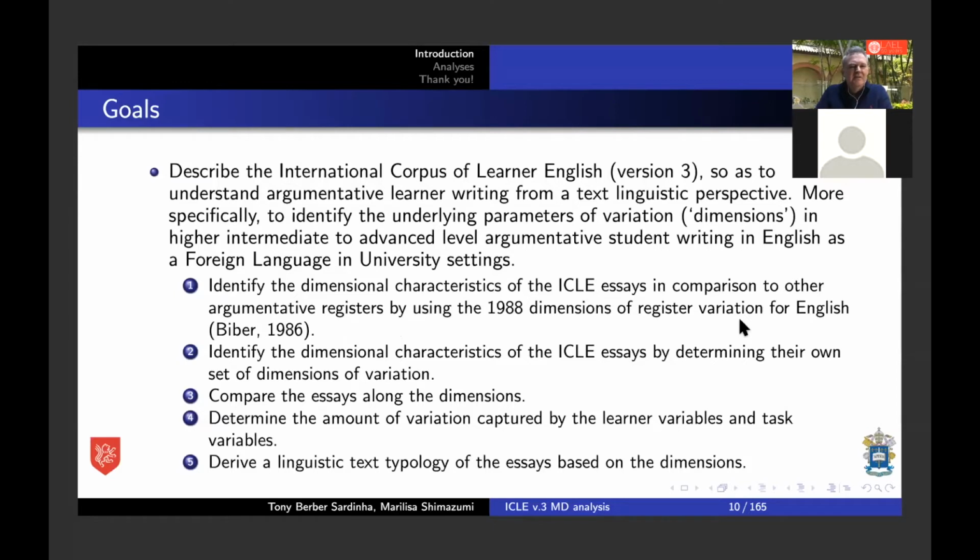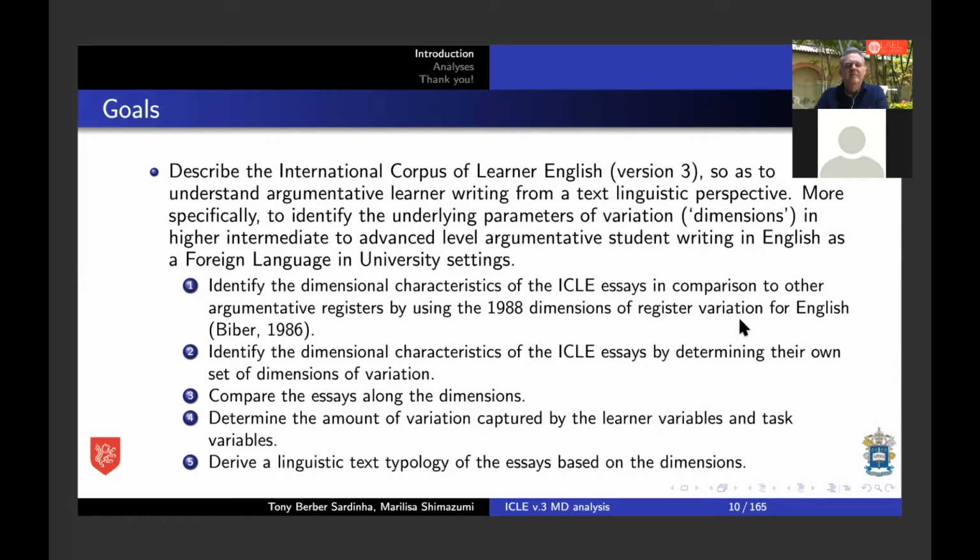So the goals here, what are the goals for this particular research? So we want to describe the ICLE corpus version 3 so as to understand the argumentative learner writing from a text linguistic perspective. So we want to identify the underlying parameters of variation, the dimensions in these higher, intermediate to advanced level argumentative student writing in English.